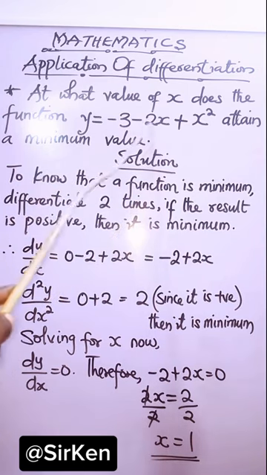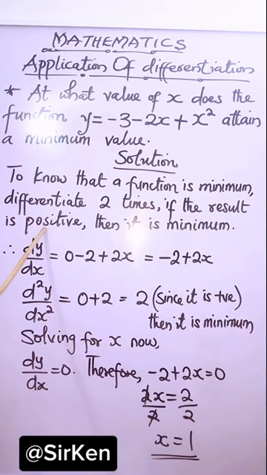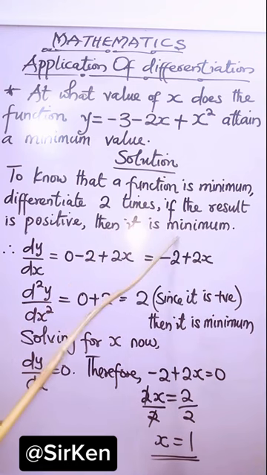And after differentiating it, the answer you are going to get must be positive. If it's positive, then you know that the function is at minimum. But if after differentiating it 2 times, the result is not positive, you know that the function is at maximum.